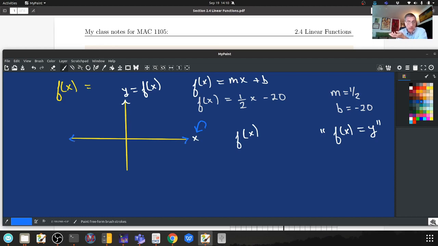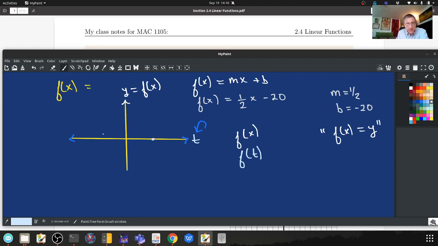Normally the horizontal axis is named x, but you might actually have something like f of t, where t stands for time, and in that case they just rename x with the variable t. The point is, it's the input variable, and when plotting it, it's going to correspond to a point here.